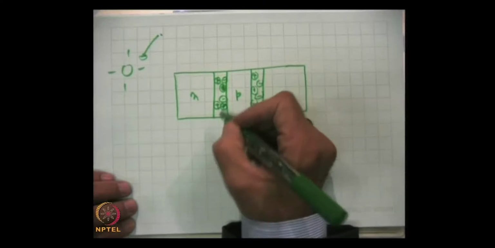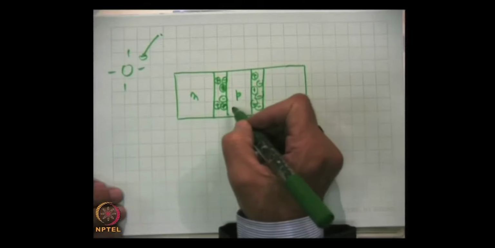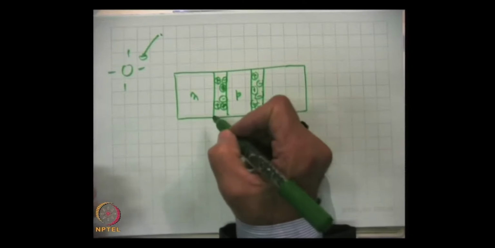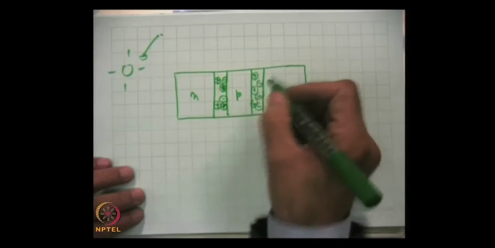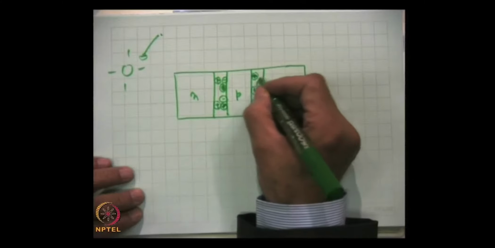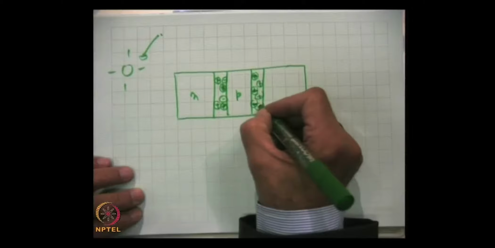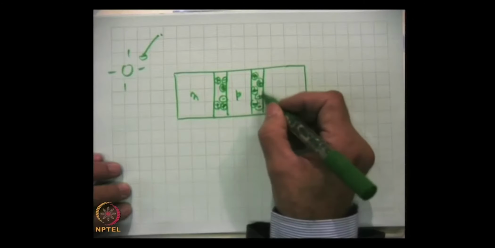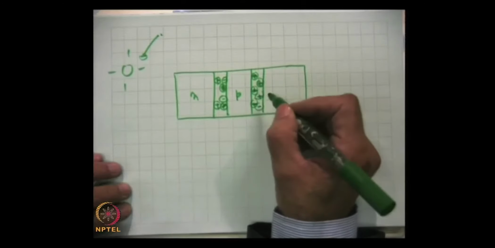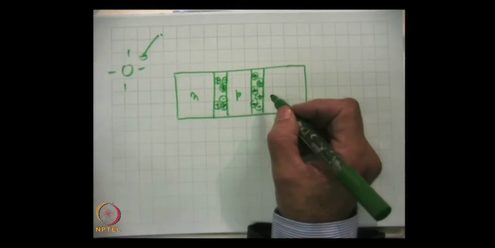When we apply a voltage between emitter and base, that voltage will give rise to a field across this junction. And similarly here electrons and holes have disappeared, leaving behind singly ionized impurity atoms. They are immobile, they take the lattice positions.